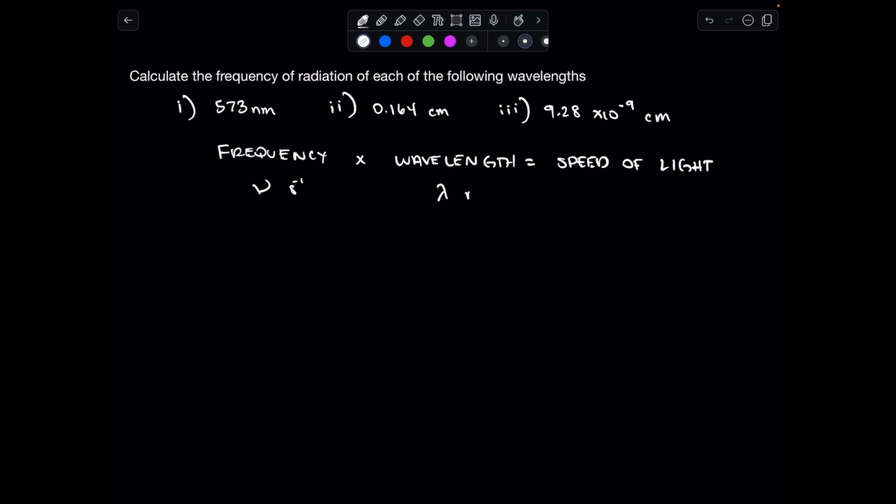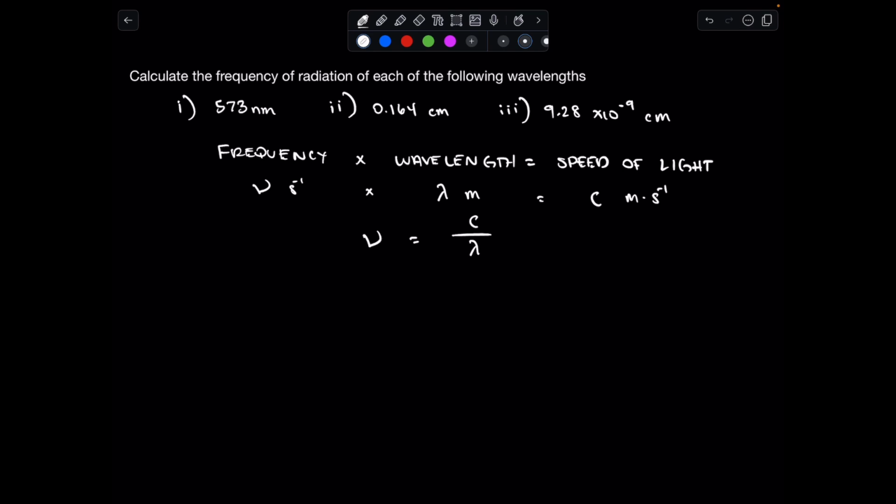Lambda, which is going to be in meters. And then finally our speed of light, c, which is in meters per second. If we wanted to rearrange this, since we're trying to calculate the frequency, we could rearrange it into nu is equal to the speed of light divided by lambda, or our wavelength.